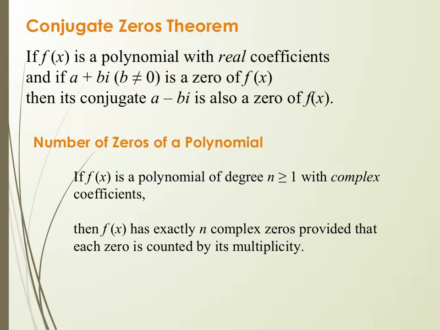So the number of zeros of a polynomial: if f of x is a polynomial of degree n greater than or equal to 1 with complex coefficients, then f of x has exactly n complex zeros, provided that each zero is counted by its multiplicity. So this is probably one of the most important ideas, really, that if we have an n degree polynomial, chances are we have exactly n complex zeros, and that includes the multiplicity.